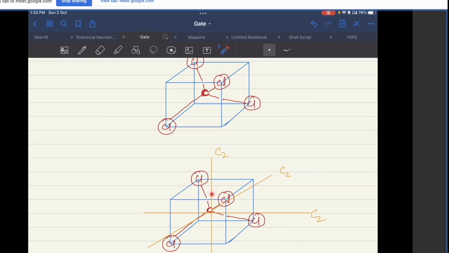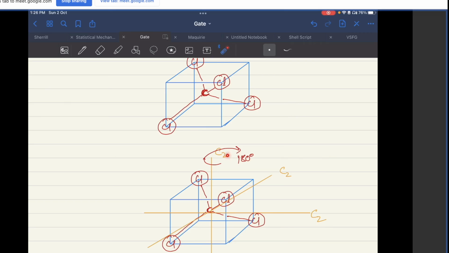This is one axis of rotation here. After rotating by 180 degrees, this Cl will move here, this Cl will move to the position here, and this Cl to here.